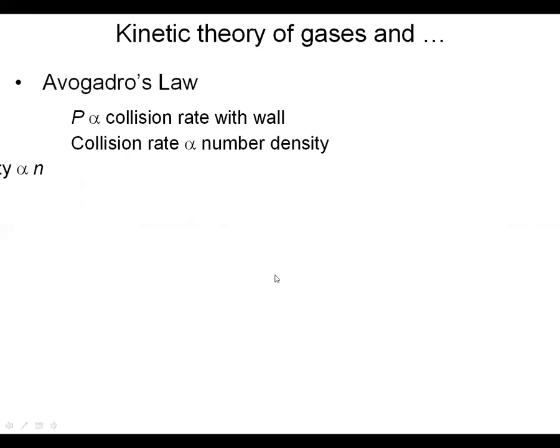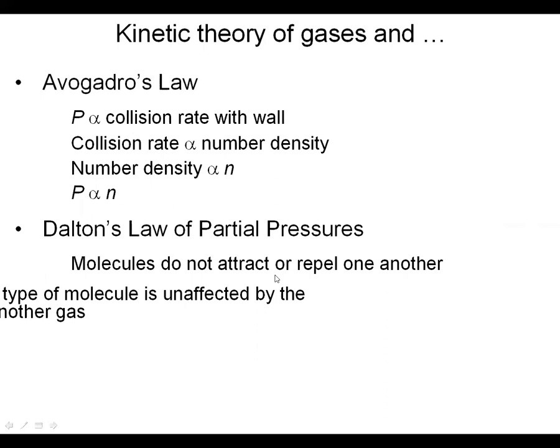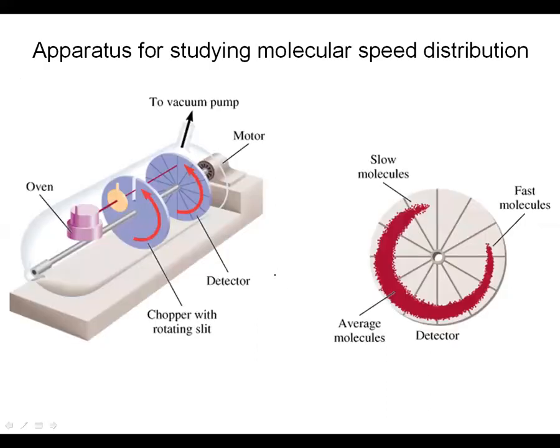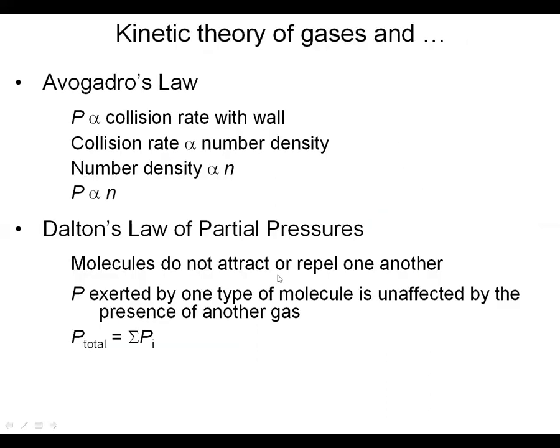We also saw Avogadro's law that we talked about in terms of the relationships. The moles of a gas is related to the volume. So as the volume goes up, so does the number of moles, proportional to each other, and as it goes down as well.